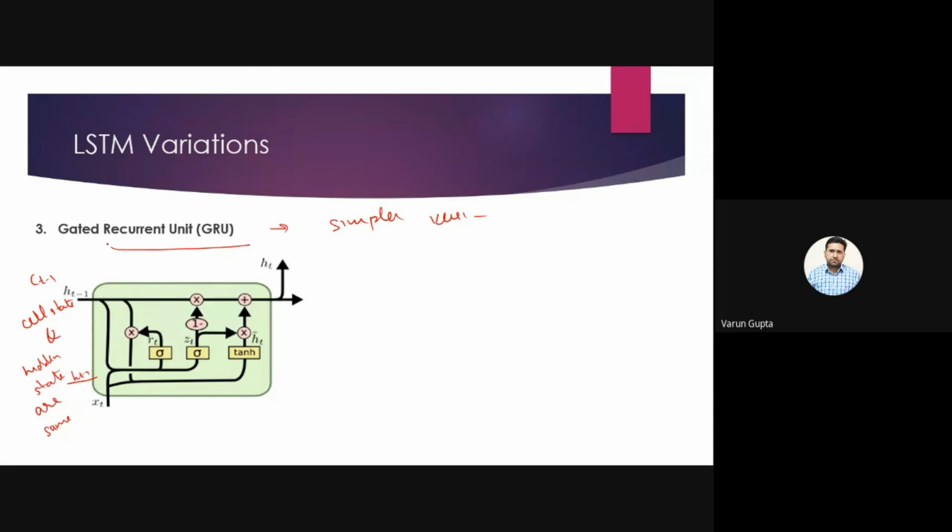But in this GRU, it is the same thing. They are also good. But normally, LSTM is the standard thing from where we start doing practical implementation. But if you have some problem with your computing resources, then you can very much consider this GRU also. It is also a good thing, with good performance.